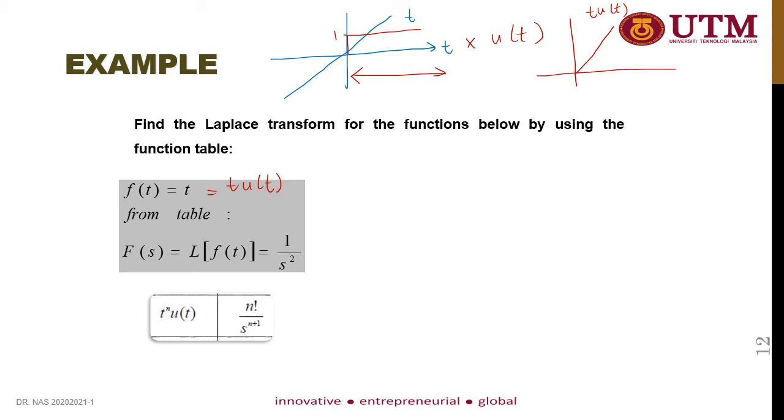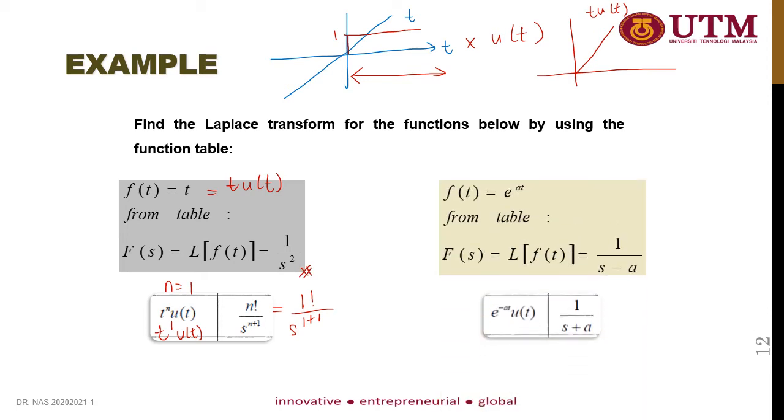You have t to the power of 1 u(t), so your n equals 1 in this case. So it is equal to n factorial, 1 factorial, divided by s to the power of n plus 1, which is 1 divided by s squared.